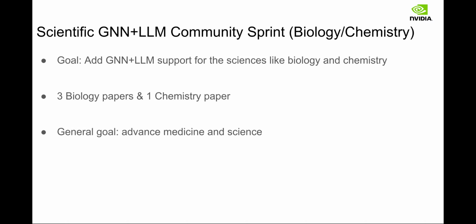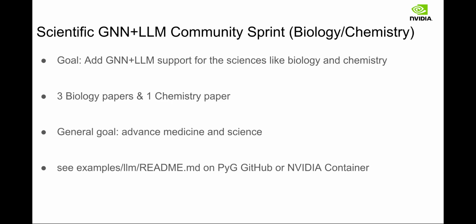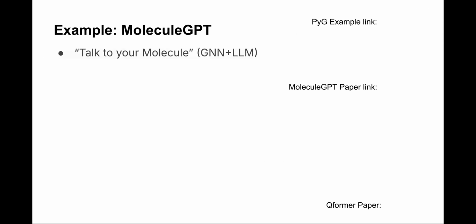The general goal of these projects is to advance medicine and science and integrate general reusable APIs for GNN plus LLM workflows. The sprint is finished now, but you can check out the examples in the example/LLM README on the PyG GitHub or the NVIDIA container.